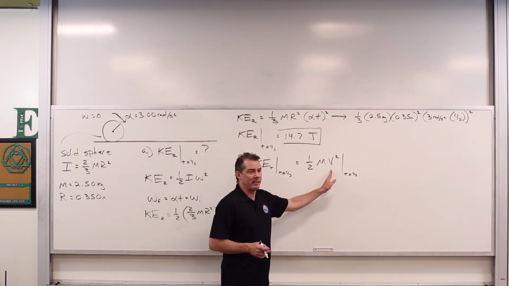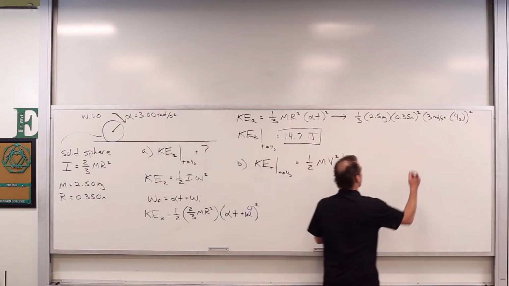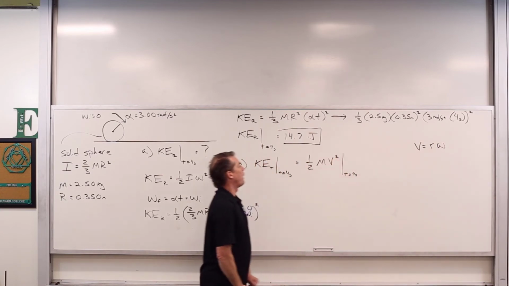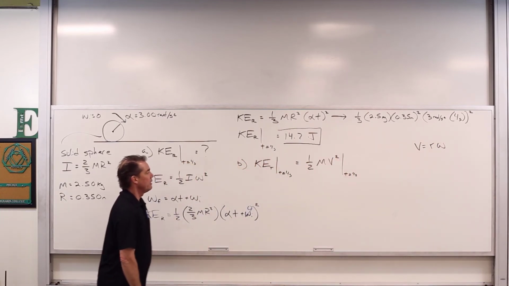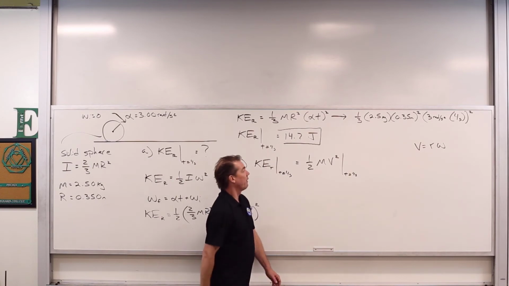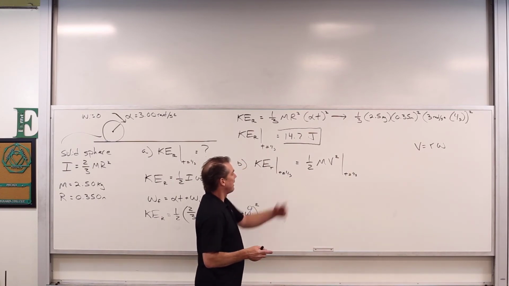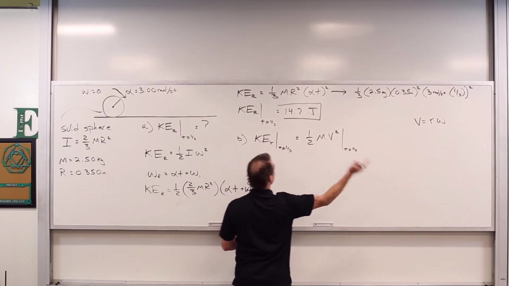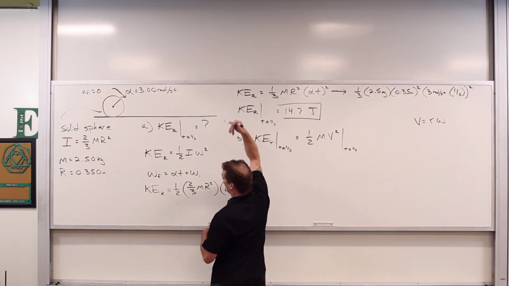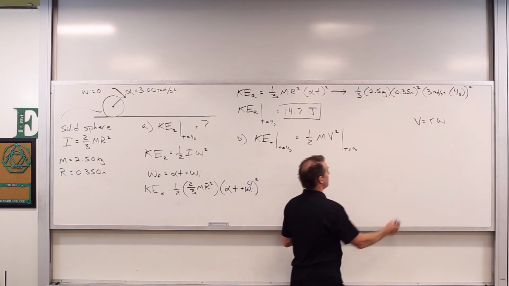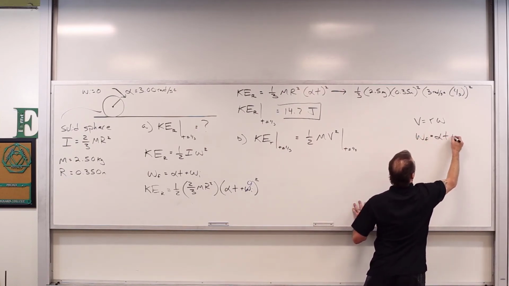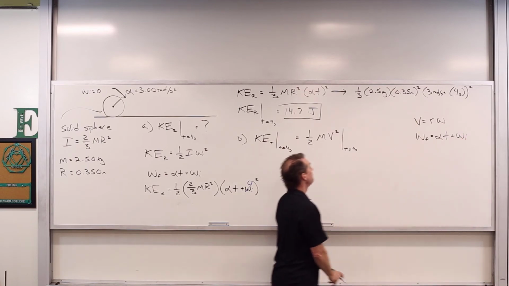This is translational velocity. That's it. So we know that v is equal to r omega through equations of translation. We can figure out what that is, either in terms of omega or v. It doesn't really matter. Let's just use omega because we already got the radius, and we know what the angular acceleration is, because omega final is equal to alpha t plus omega initial.